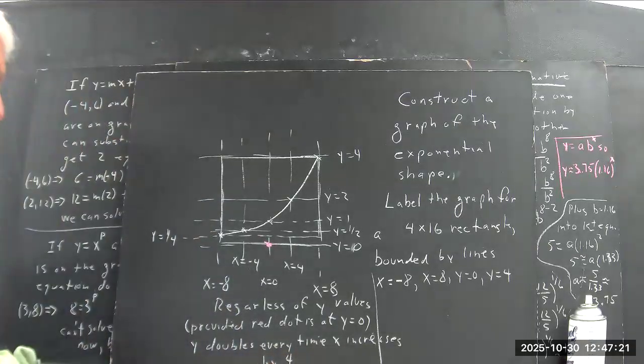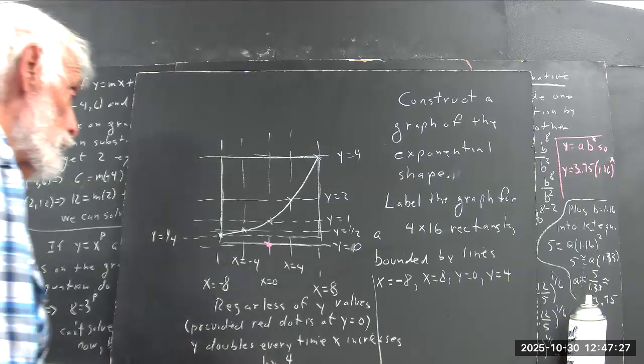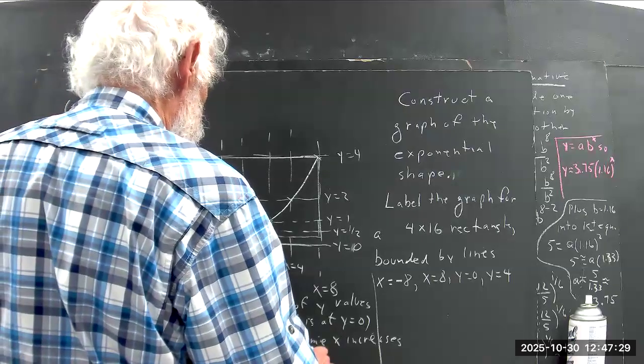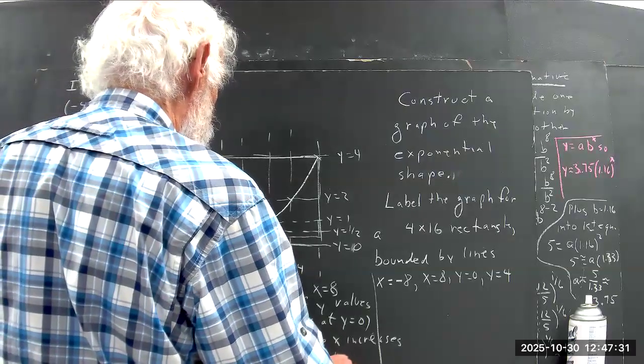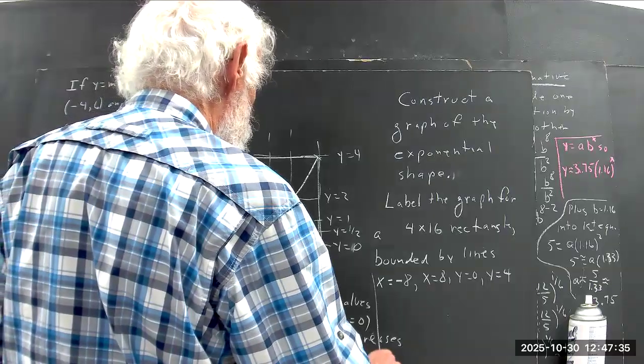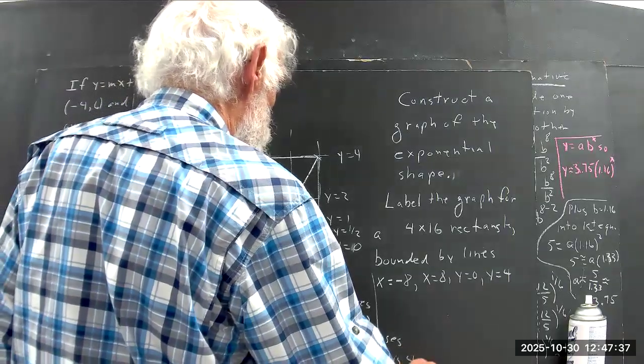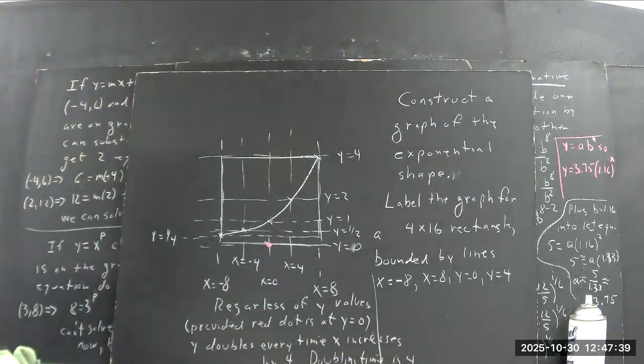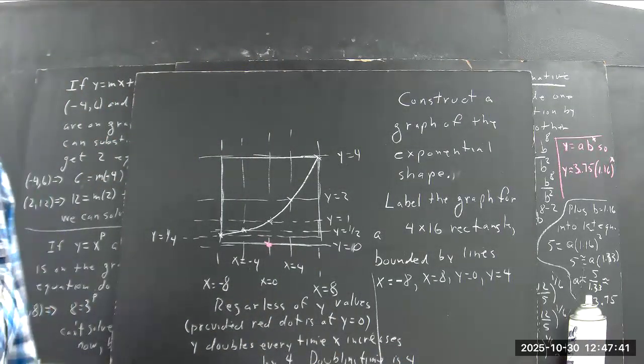We'd say that y doubles every time x increases by 4, okay? Then we'll say doubling time is 4 of whatever the x units are.